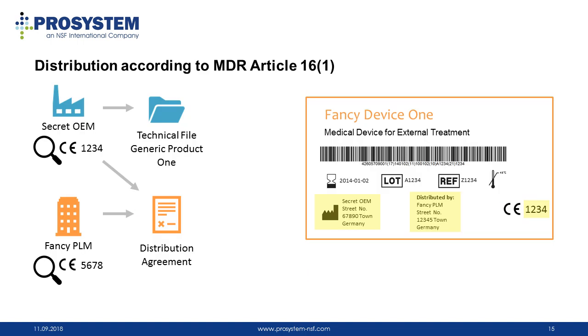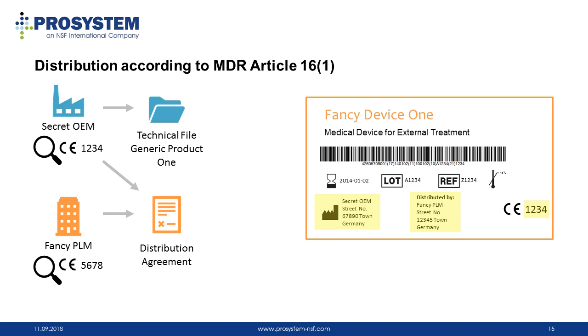The first solution is to continue with the OEM products under a distribution instead of an OEM solution. So the major change will be that the OEM is in the future visible on your product.